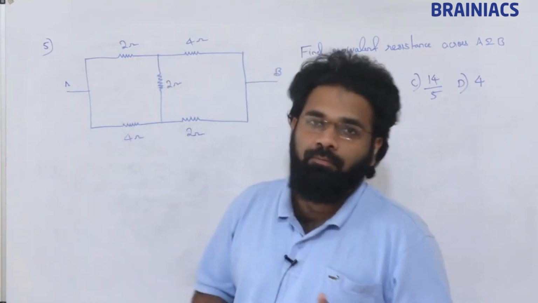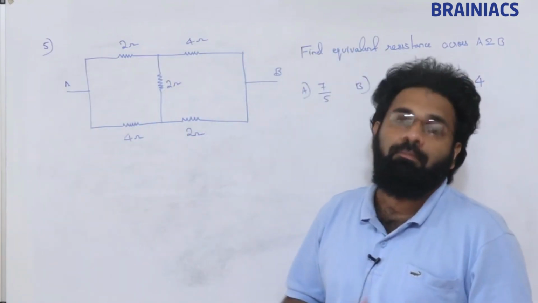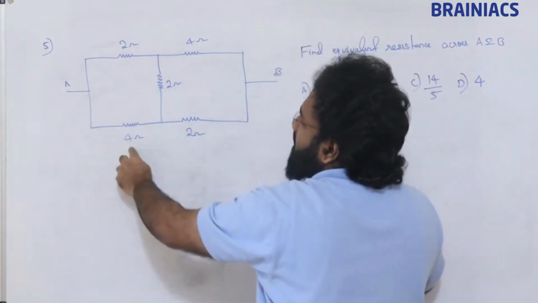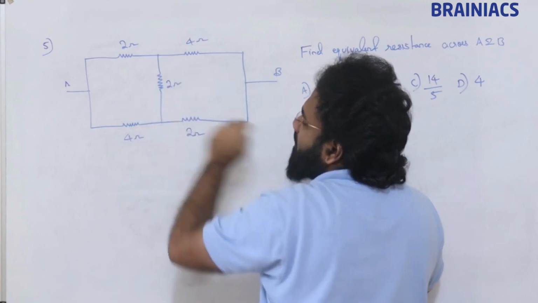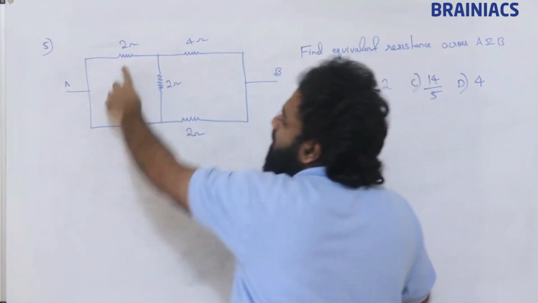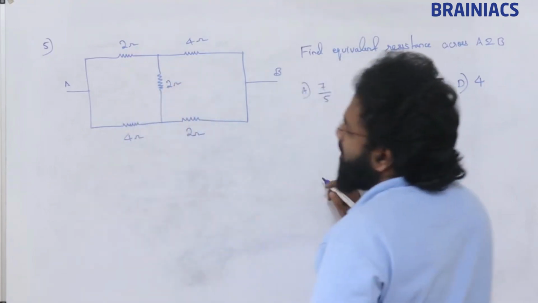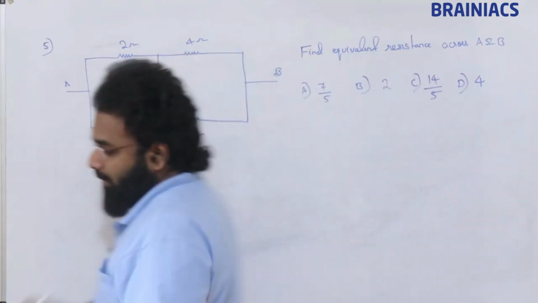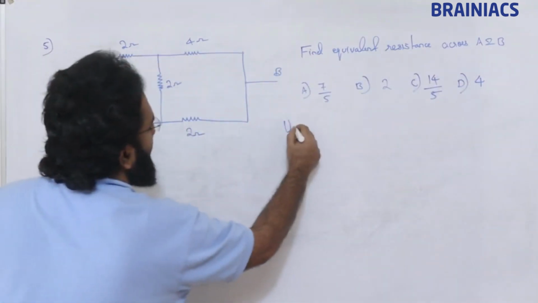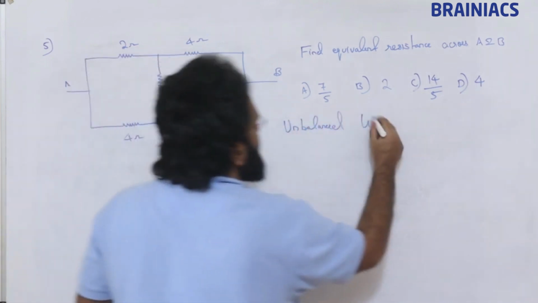Whatever Wheatstone's bridges we have seen and solved for equivalent resistance were all balanced ones, where this by this is equal to this by this. That is a balanced Wheatstone's bridge. But here this one by this is not equal to this by this. So this is an unbalanced Wheatstone's bridge. Clear? This is an unbalanced Wheatstone's bridge.